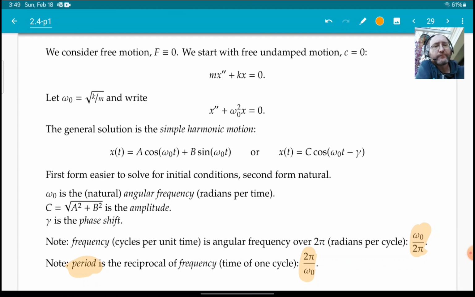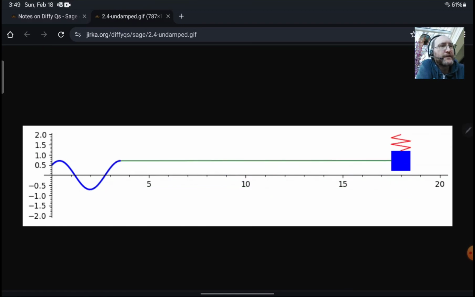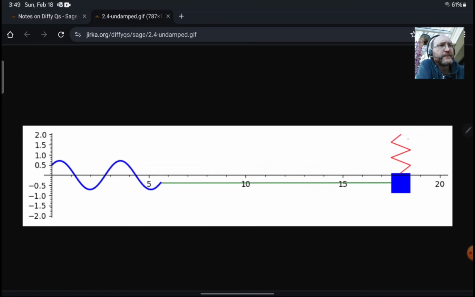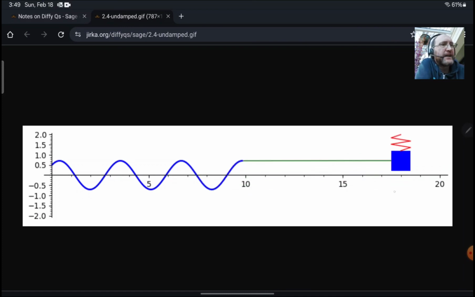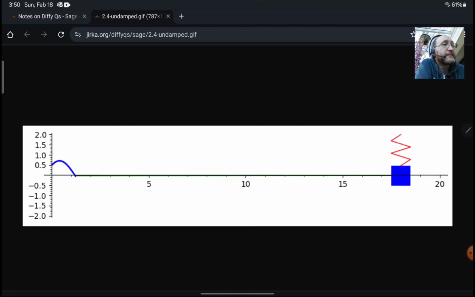Now, before we go on, let's look at an animation of this. Here I've put the mass vertically, but it's the same thing, because I have x plotted vertically and time plotted horizontally.